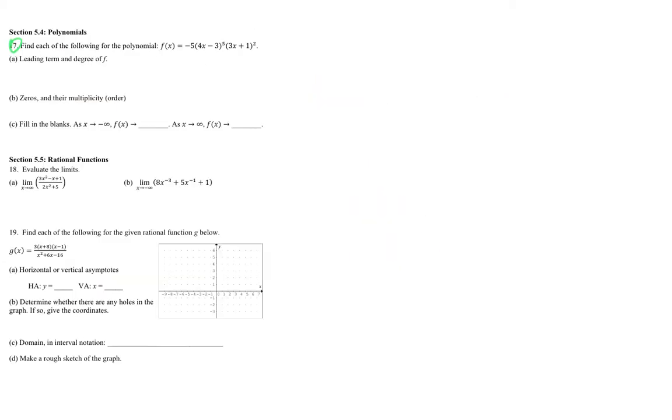Okay, so number 17 is asking us to find the leading term. So we're going to pick out those terms that are going to give us the highest power of x. So we have 5 times (4x) to the 5th. And then we're also going to multiply this by 3x squared. What's going to happen is that's going to give us a negative 5 times 1,024 times x to the 5th times 9x squared.